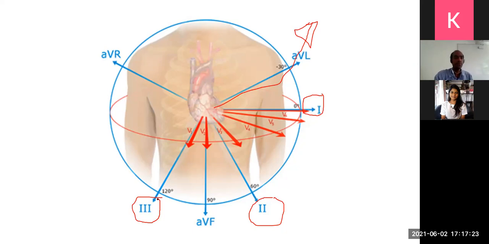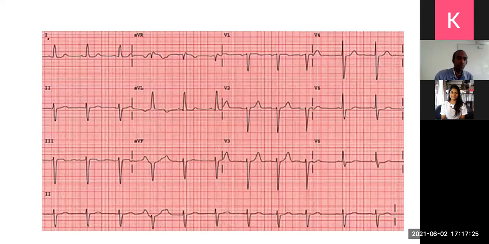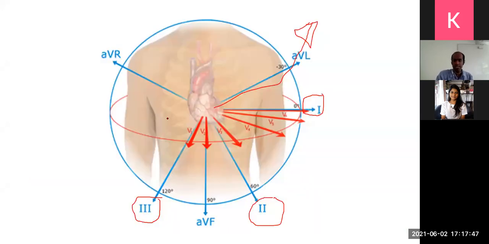So look at this figure then. You can clearly see 1 being positive, 2 and 3 being negative. So this is a patient with left axis deviation. We can further confirm that AVL is positive also, look at this. AVL is also positive, just for confirmation. So when you have left axis deviation, this is the direction in which your current is heading.